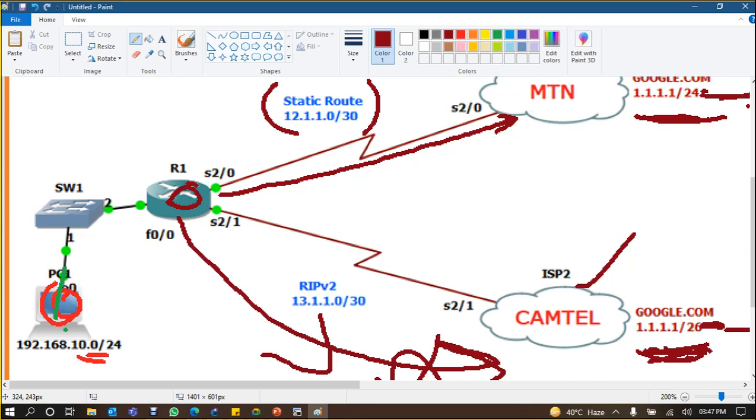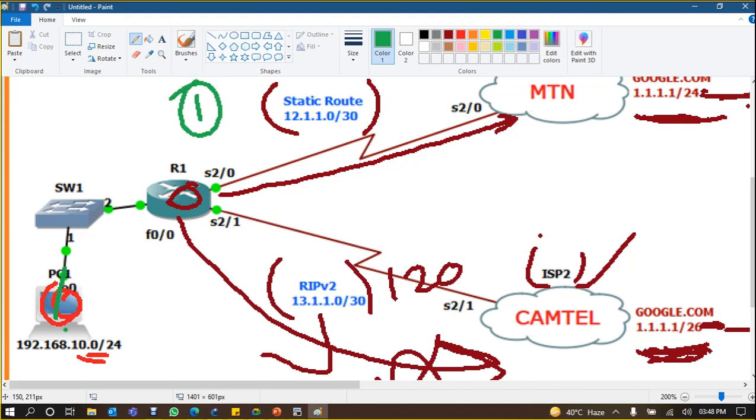Static. And to ISP2? Dynamic, RIP. What is the RIP administrative distance? 120. And static administrative distance is 1. So which one has the lowest administrative distance? Static. So it will prefer this path.